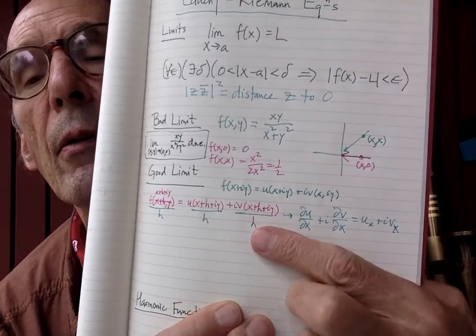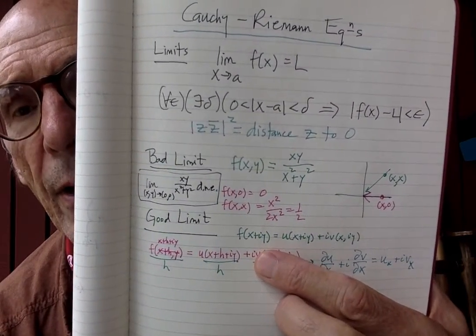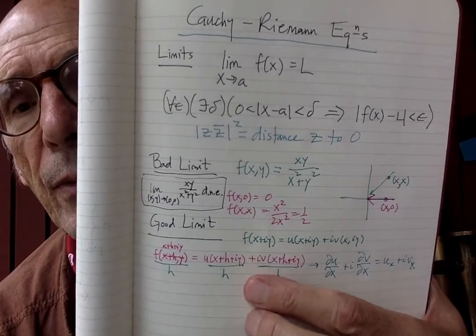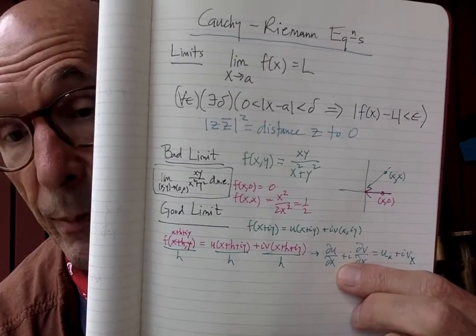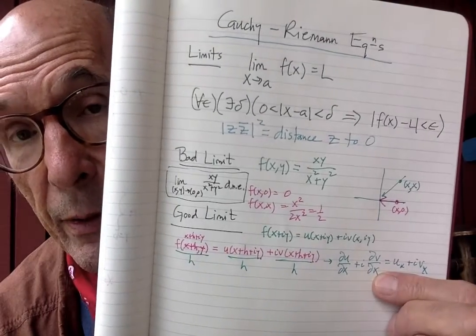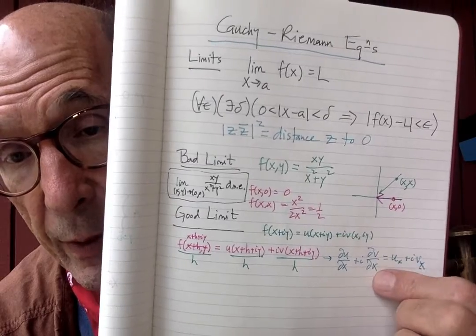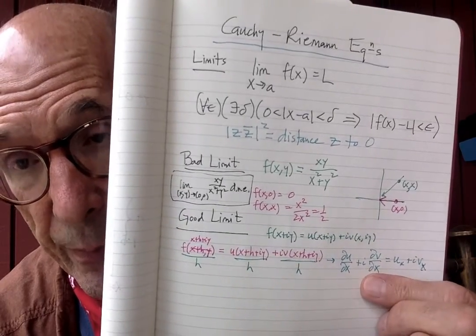Otherwise, sometimes things get kind of funky. So you take this minus u of x plus iy over h, that's just the real part, and you're going to just get the partial derivative of u with respect to x, and then on the imaginary side, you're going to get the partial derivative of v with respect to x. So this is the derivative.